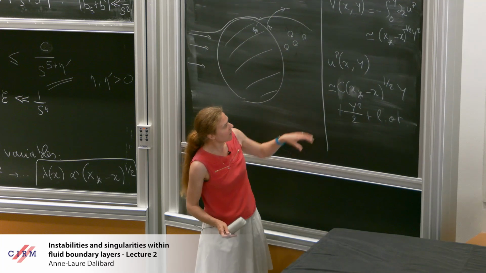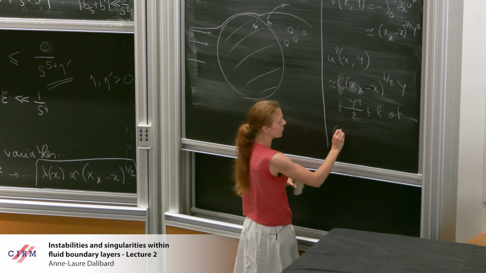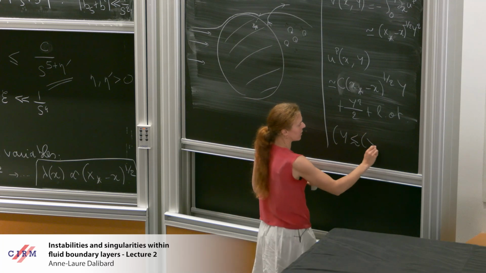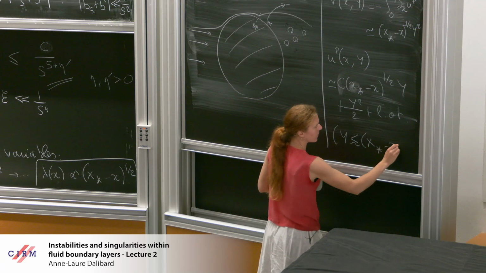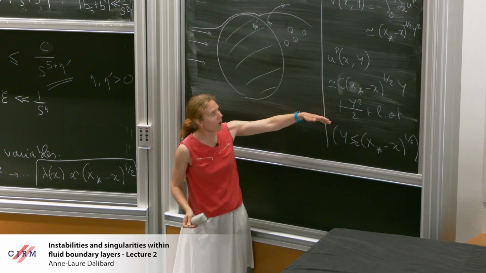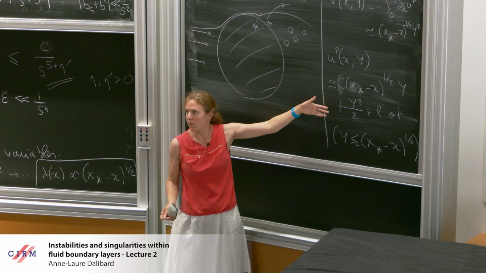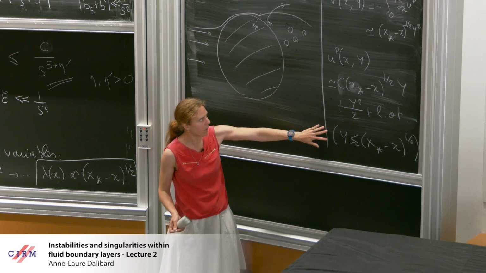And again, this formula is valid for a rather wide range. This is valid for y smaller than (x* − x) to the 1/6, and it's valid in W^{1,∞}, something like that. It's also correct for the derivatives.